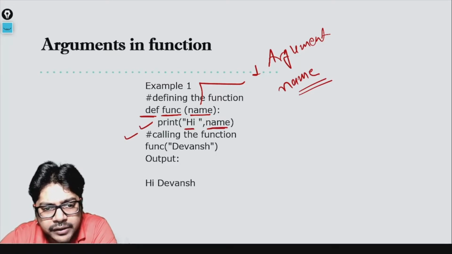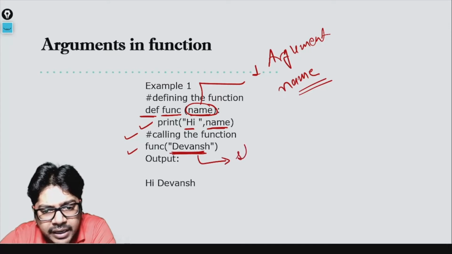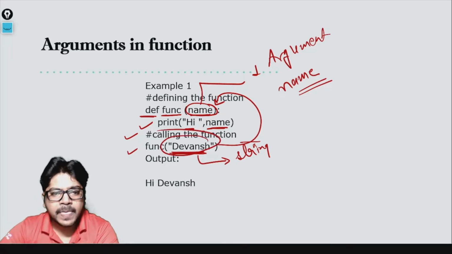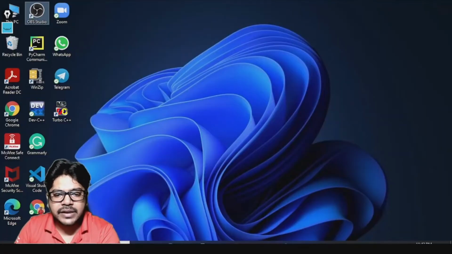Now when we are calling this function, since it accepts an argument, we have to pass an argument. So we called func and then passed a variable, or a string directly. This variable got copied here, and what it is giving you is the name. Let's try to understand this first and then we will come back.